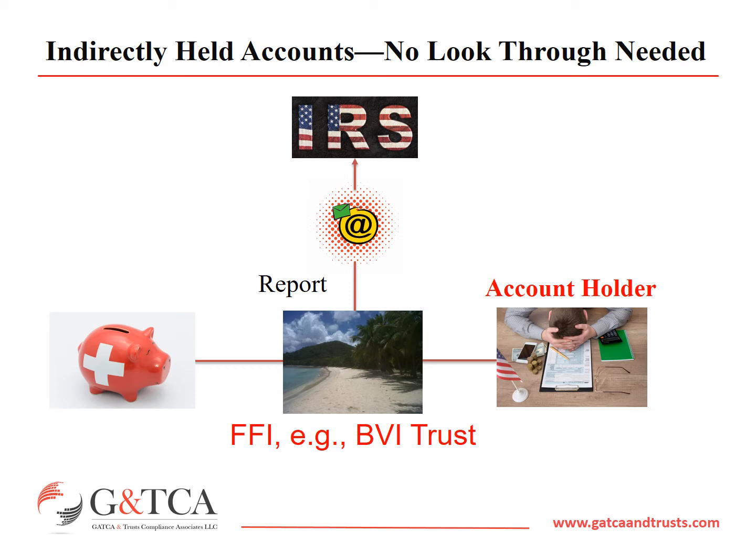Rather, the BVI trust that's an FFI does its own reporting of its US account holders to the IRS. And in the training on accounts, we'll discuss very specifically what qualifies as an account in a trust that is an FFI.